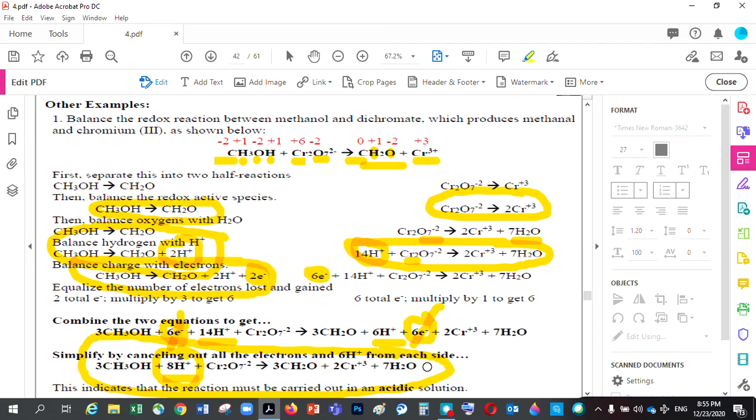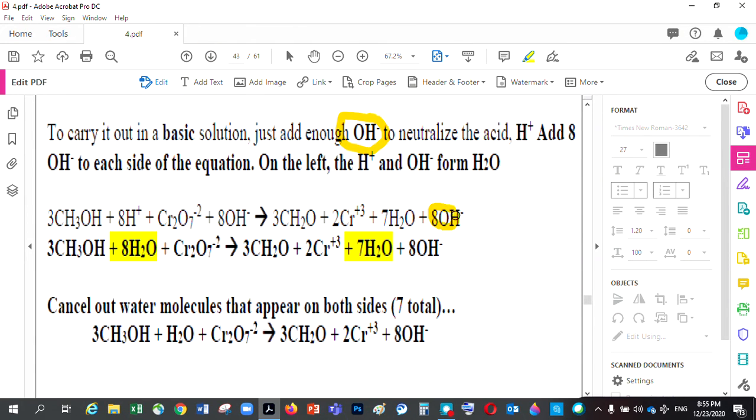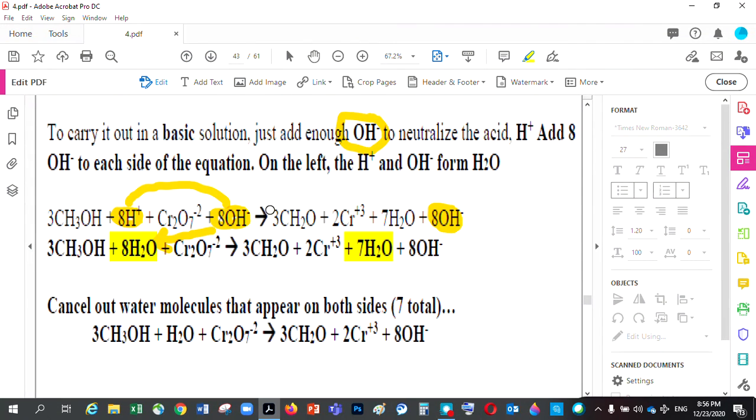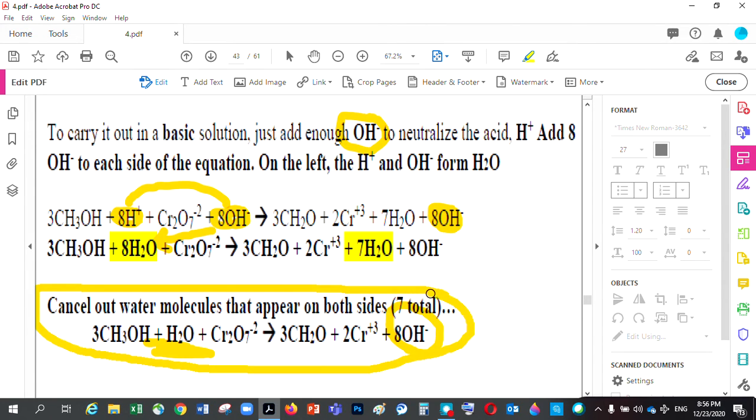I added 8 OH minus to both sides, correct? On the other side, the 8 OH minus stays with the products. So we have 8 H2O on the reactant side, and on the product side the chromium hydroxide, formaldehyde, plus 7 H2O, which came from balancing the 7 oxygen of dichromate. 8 is bigger than 7, so subtract the 7 and we have 1 H2O, and the reaction is carried out in basic medium.